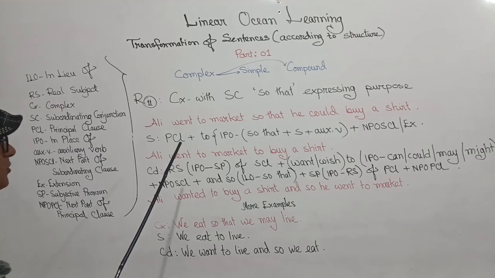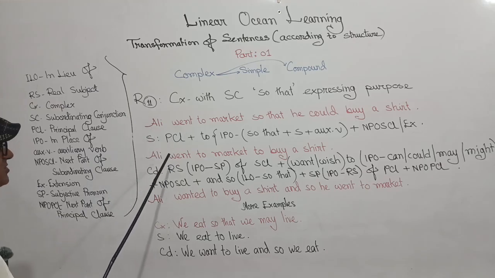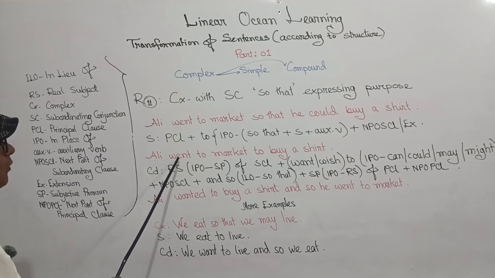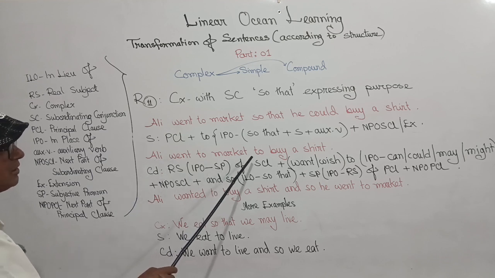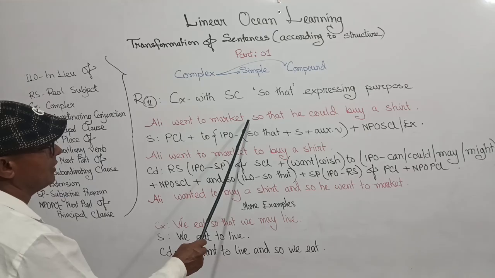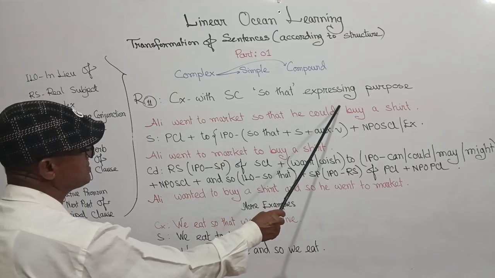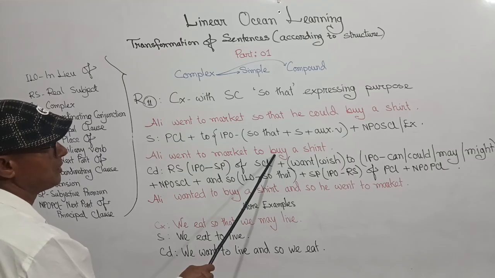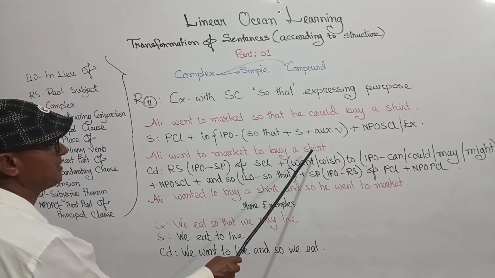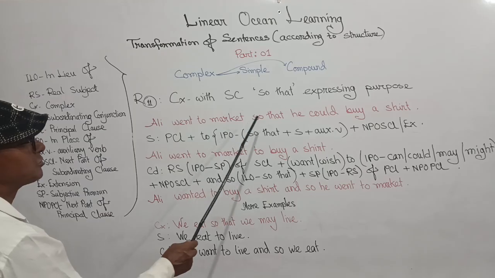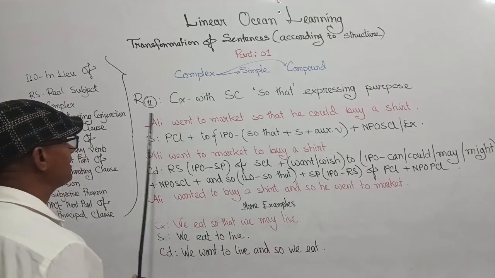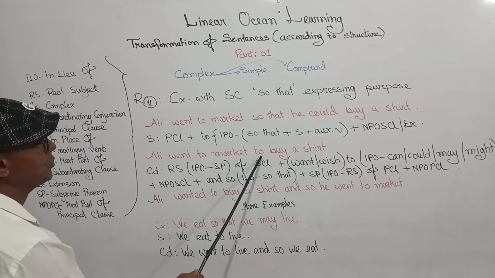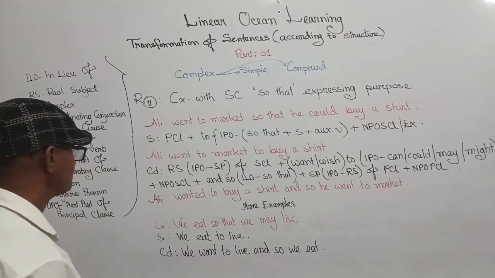Now if we follow the structure, the simple sentence we will get is: Ali went to market, the principal clause, to in place of so that plus subject plus auxiliary verb, then the extension buy a shirt. Ali went to market so that he could buy a shirt, and its simple sentence is: Ali went to market to buy a shirt.